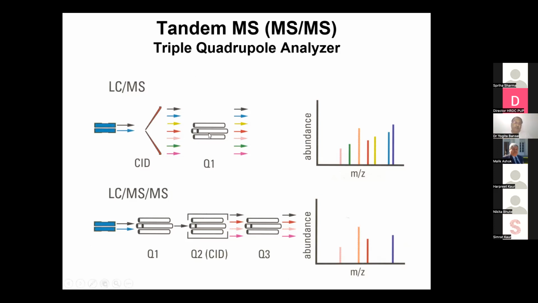Basically, the basic function of a quadrupole is to filter the ions according to their masses. In the triple quadrupole, the first quadrupole acts as a filter. Let's say 2 ions are fed into the first quadrupole, and we allow only one mass to pass through it.